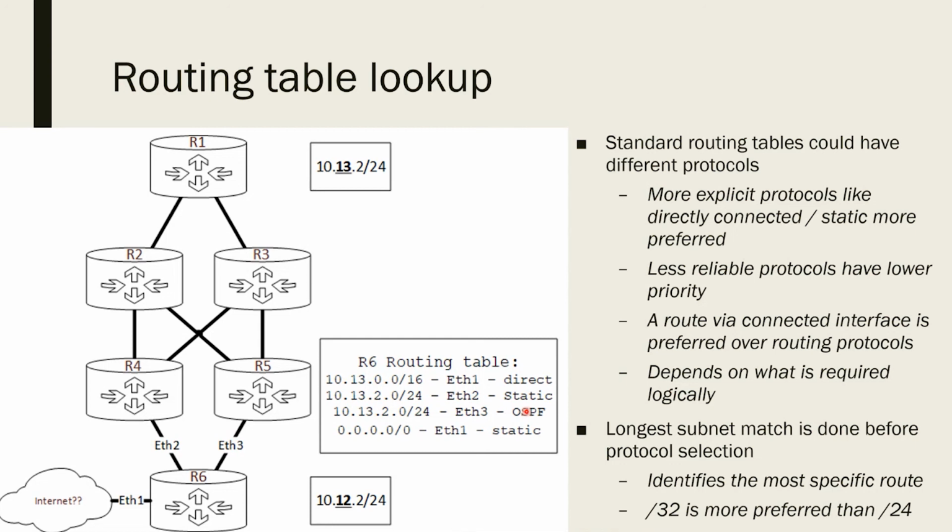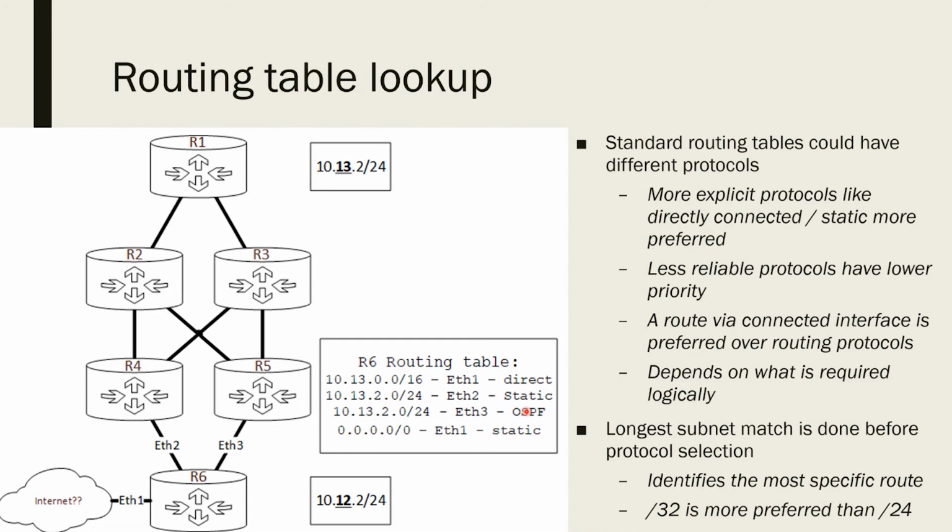And so what this selection process does is look for routing information that is more reliable than something else. In this case, I've given the example of static and OSPF information, and static information is more reliable than dynamic information, in this case OSPF.